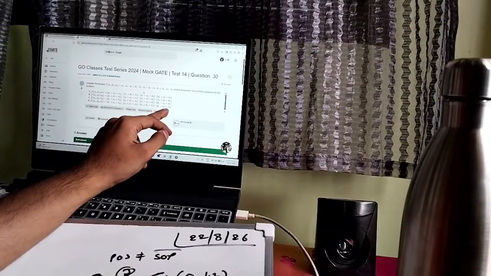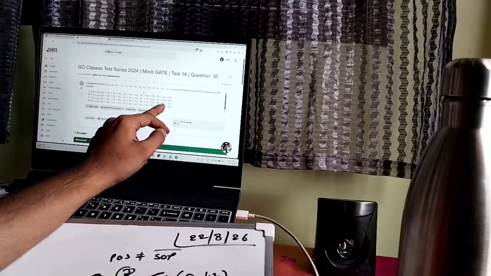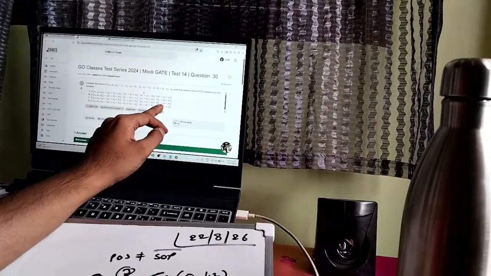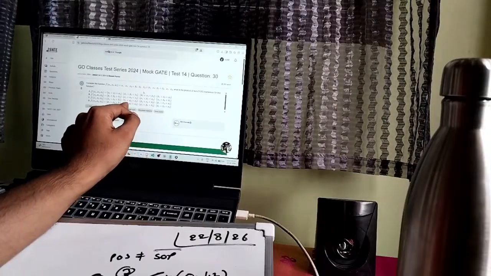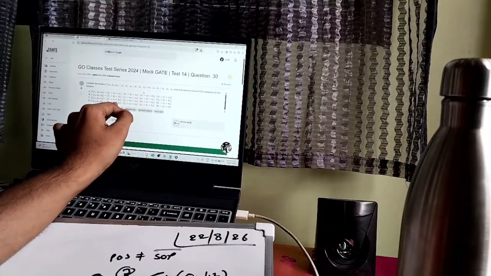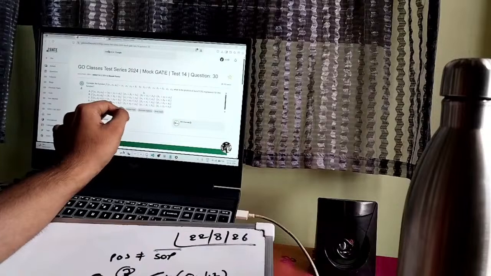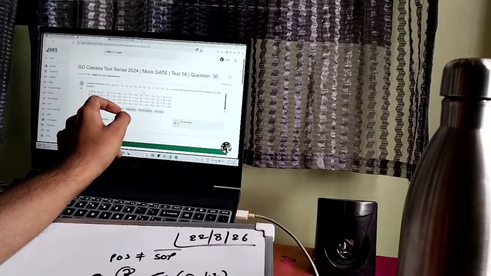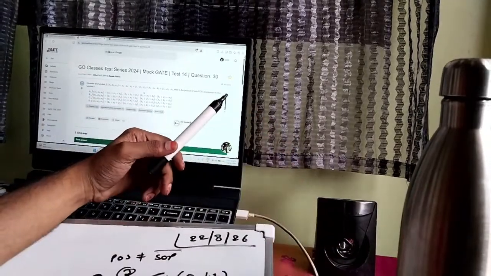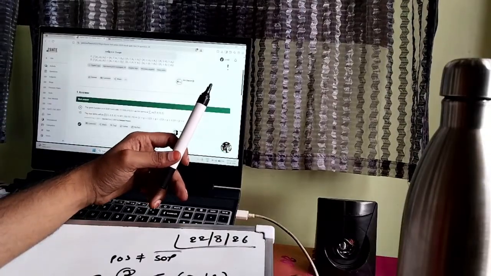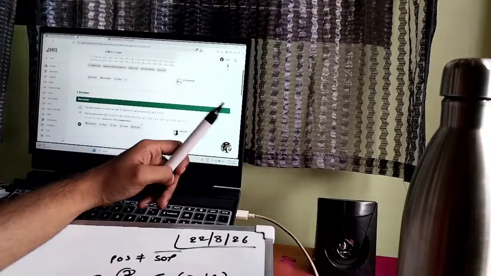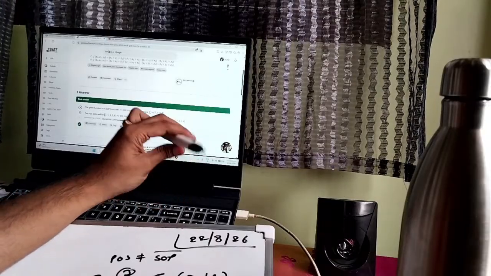So 2 should not be present. Here, if you see, 2 is present. So option D is wrong. Option C will be the answer.